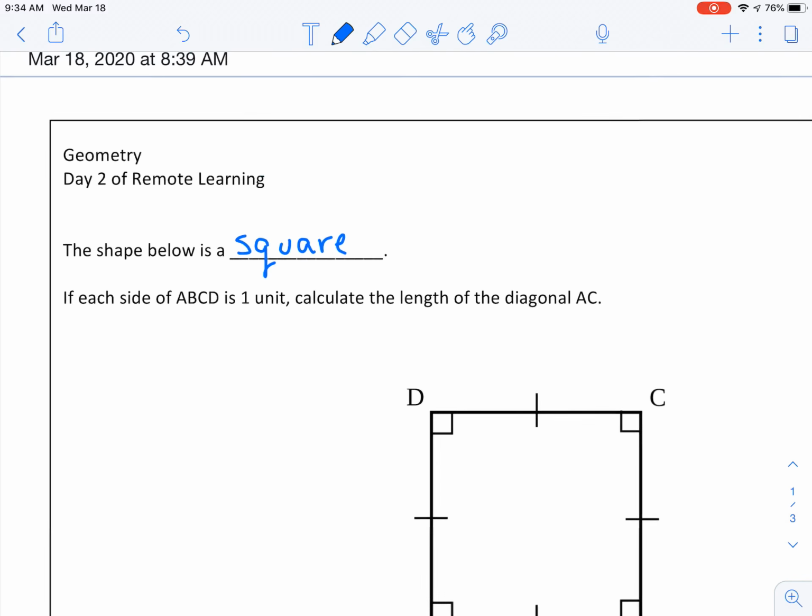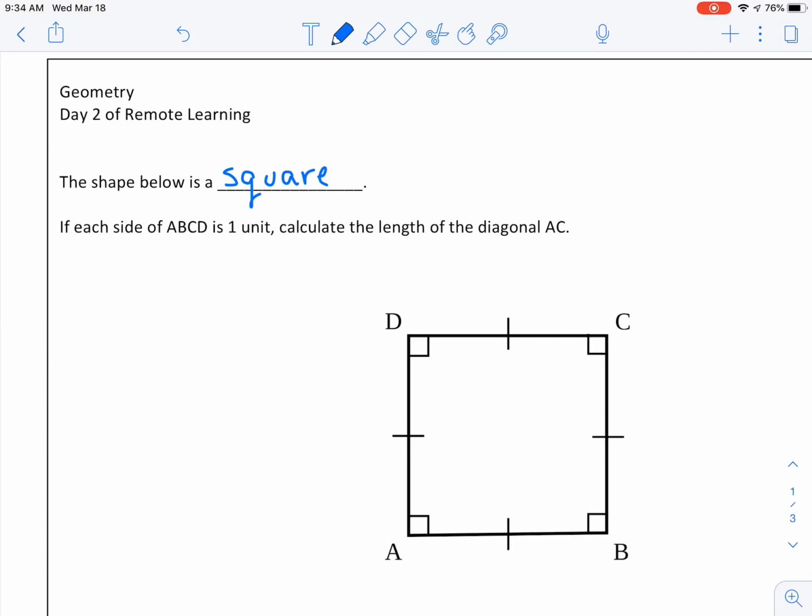It has 4 congruent sides and 4 right angles. It tells me if each side of this square is 1 unit, 1, 1, 1, 1, calculate the length of diagonal AC. So I will go ahead and I will draw AC.